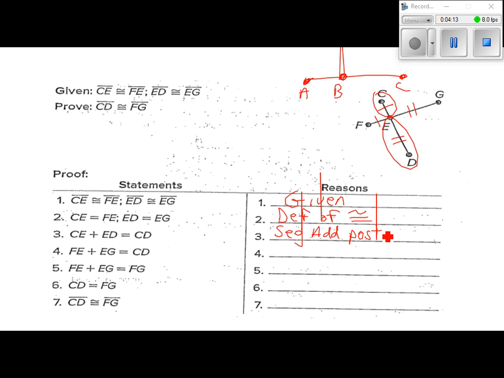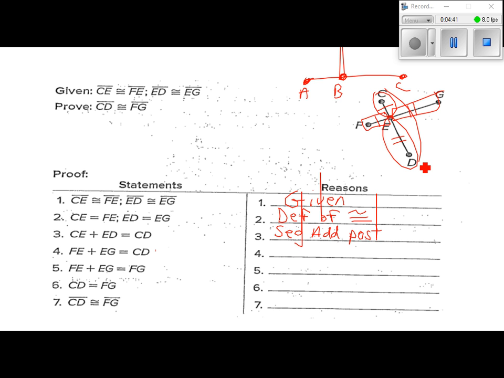Segment FE plus segment EG, so this segment plus this segment equals segment CD. It says it equals this whole thing, so they're congruent. That's substitution. What did they use there? Substitution. Look at what we have right here.